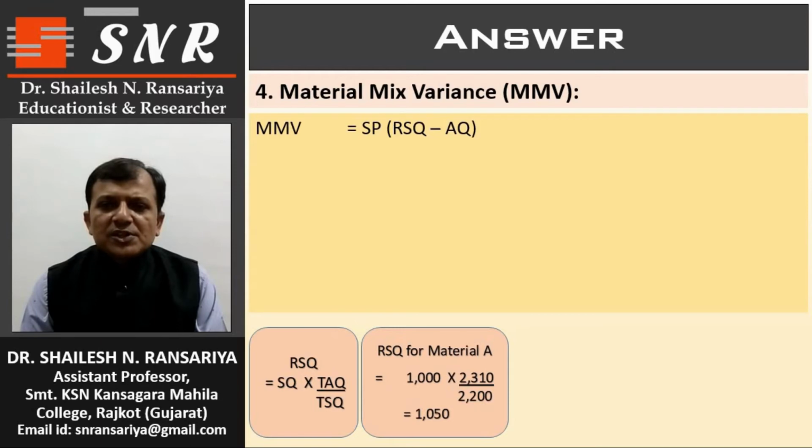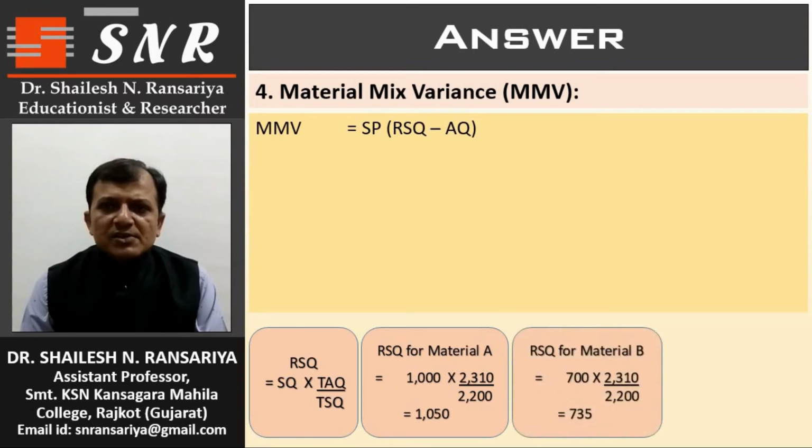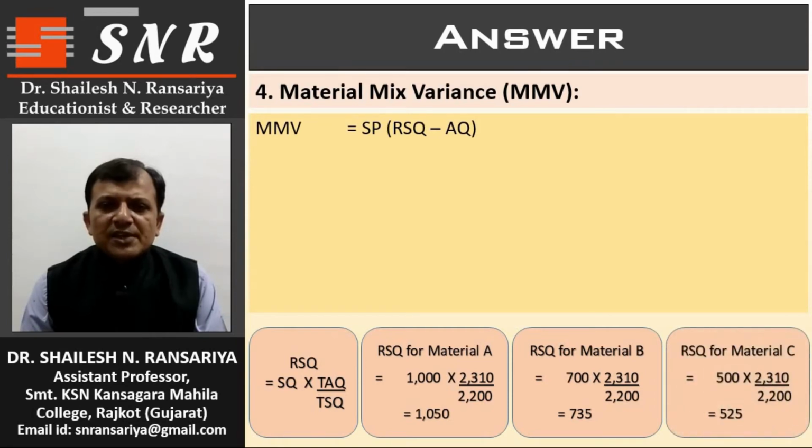So RSQ for material A is 1050. For B, SQ 700 multiply TAQ and TSQ remain same, 2310 divided by 2200. So 735. And for C, SQ 500, TAQ 2310 divided by TSQ 2200. So it is 525.